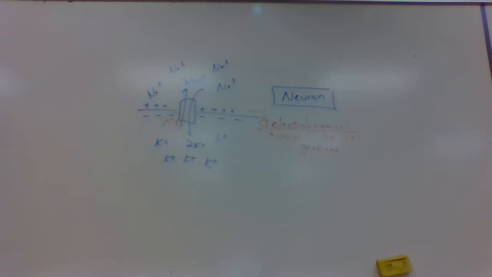So the sodium-potassium pump is actually creating two gradients at the same time. It's creating a gradient in charge, where you have positive charge on the outside, negative charge on the inside, and you're also creating a chemical gradient. All the sodium has been pumped out, all the potassium has been pumped in.